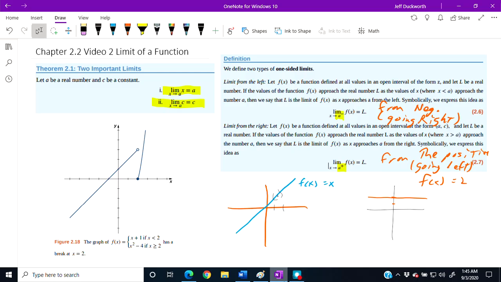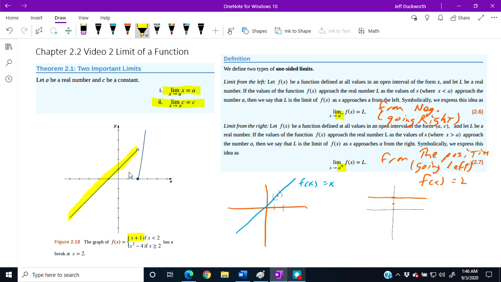Let's take a look at this example here. We have a piecewise function. When x is strictly less than 2, our function is x plus 1. And we look at that. It is just a straight line. And as we get closer and closer and closer to the value 2, we hit 3. We actually don't get there because there's an open circle there.